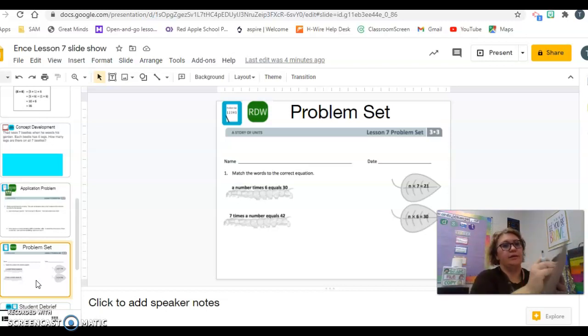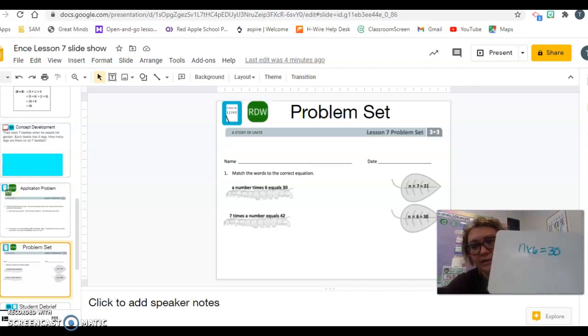So a number, n, times 6 equals 30. So do you see, you would draw a line from this one to this one. So that would mean 7 times a number equals 42. You would draw a line to that one.